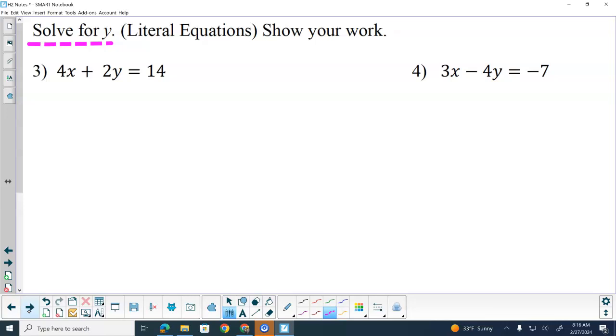Variable equals some number. Now we're solving for y, so how do we want our answers to look? Y equals something, because we can't get just a number anymore, now that we've got a second variable. So in the end, we want all of our answers to be y equals something.